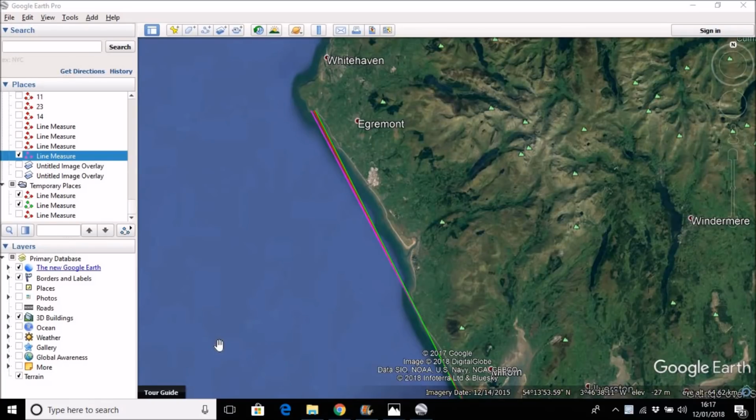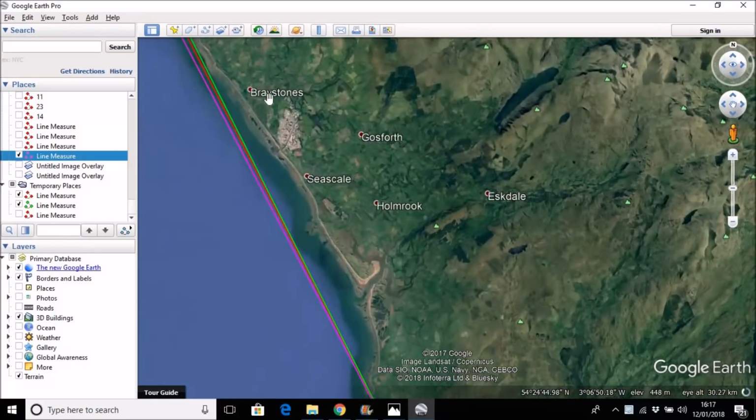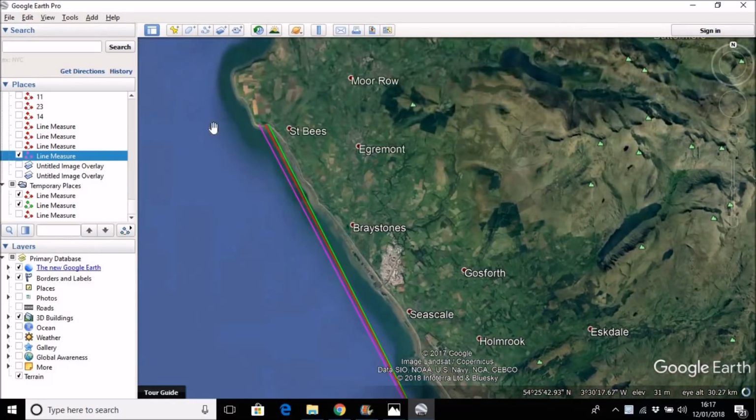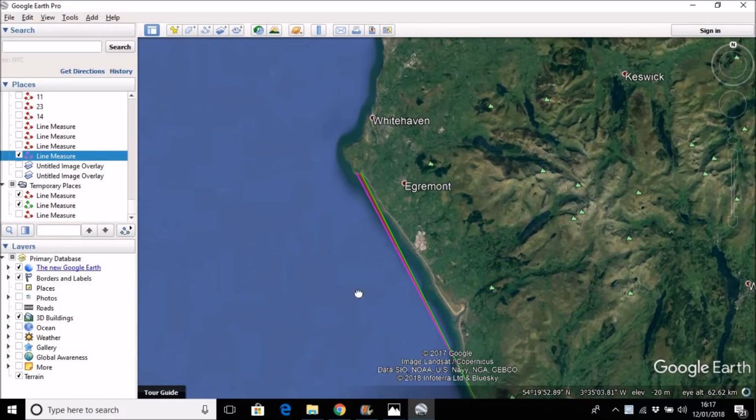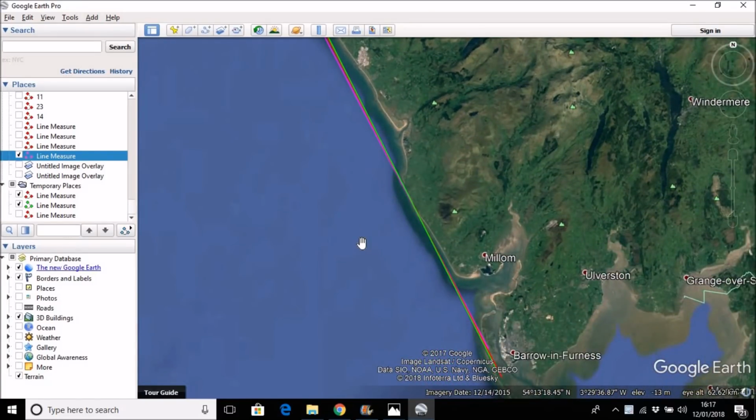Okay, so let's do a little analysis on Google Earth of what we ought to be able to see. I've drawn in here 3 lines from our observation points. The pink one is the 75-meter observation point, the red one is from the 25-meter observation point, and the green one is from the 5-meter observation point. Now, the first thing I want to check is whether we have a direct line of sight through to the land off Barrow-in-Furness.